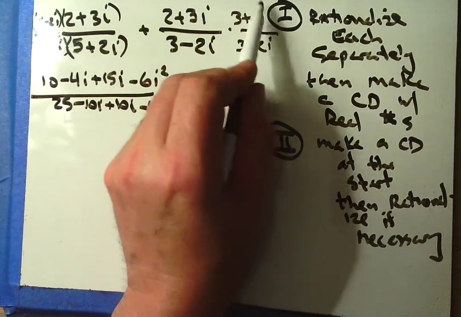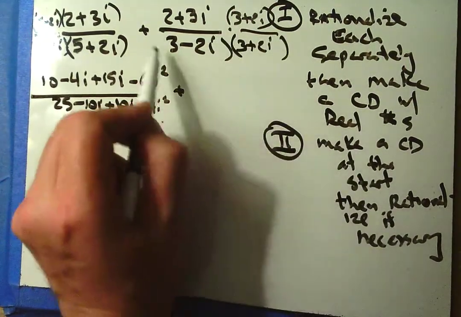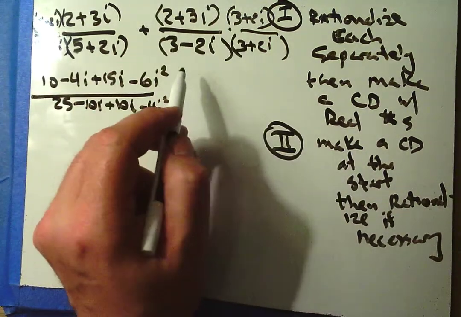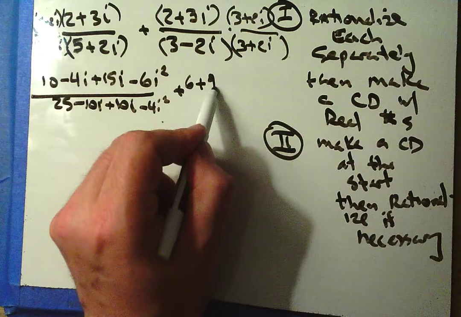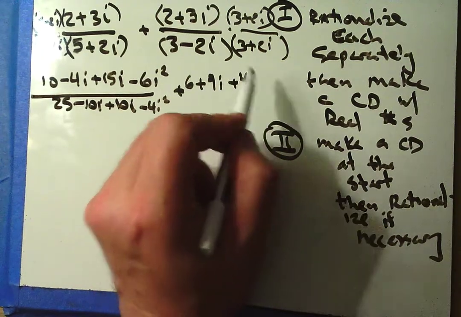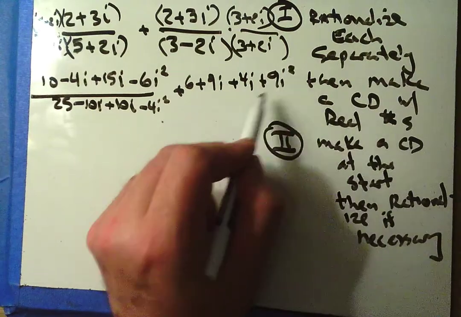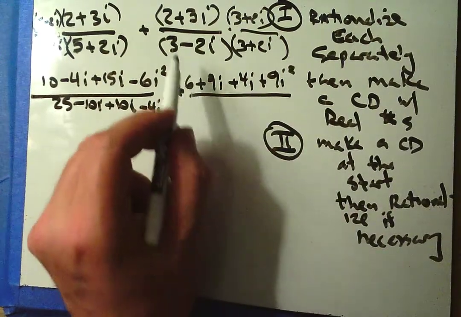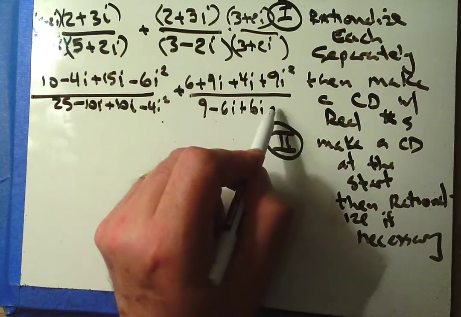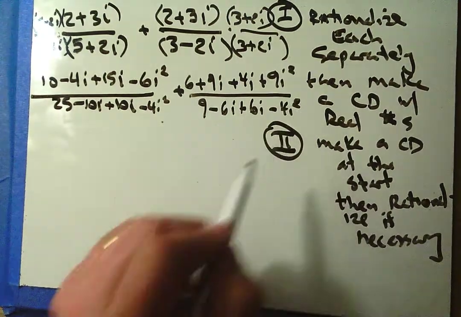So when I FOIL, I get 6 plus 9i plus 4i plus 9i squared over 9 minus 6i plus 6i minus 4i squared.